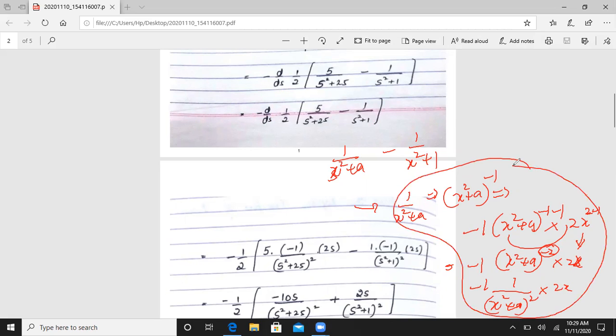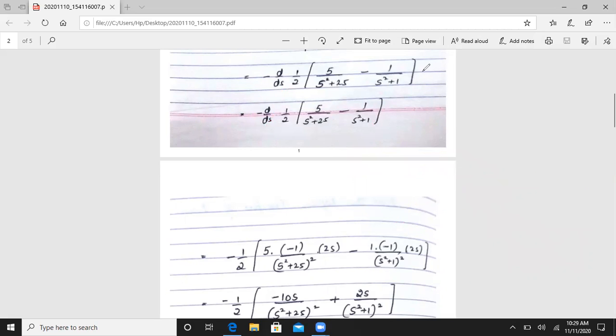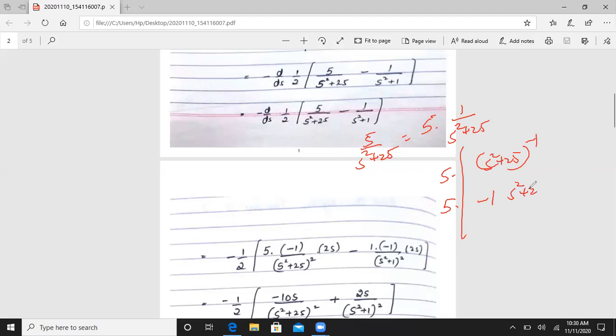So in our formula, with respect to s, we have 5 divided by s square plus 25. Here 5 is a constant value, so we write it outside. When we differentiate this function, we get 5 into s square plus 25 to the power minus 1. So minus 1 into s square plus 25 to the power minus 1 minus 1, and differentiate of s square is 2s to the power 2 minus 1.